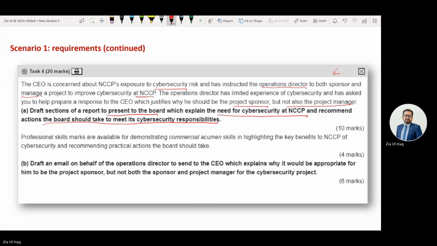Now, what recommendation should we provide to the board? The company is trying to manage the cybersecurity risk by implementing passwords. But there are instances where a hacker has broken the password and accessed the system.